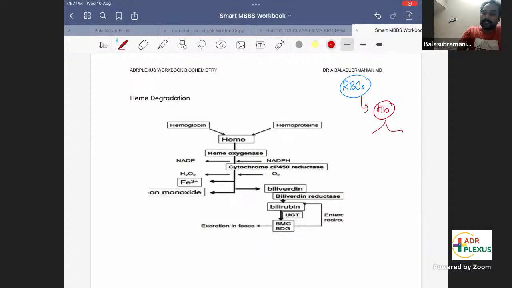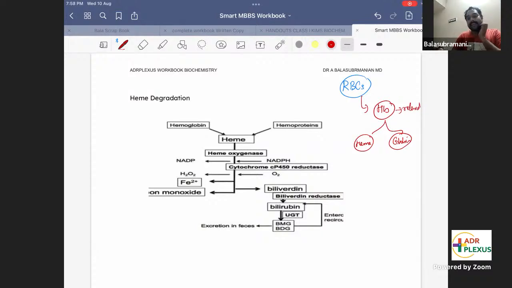The hemoglobin is composed of heme and globin. Fine, everything is good so far. So what will happen when the RBCs are broken down? When the RBCs are broken down, hemoglobin will be released. And if hemoglobin is released, then it will start breaking down into heme and globin.